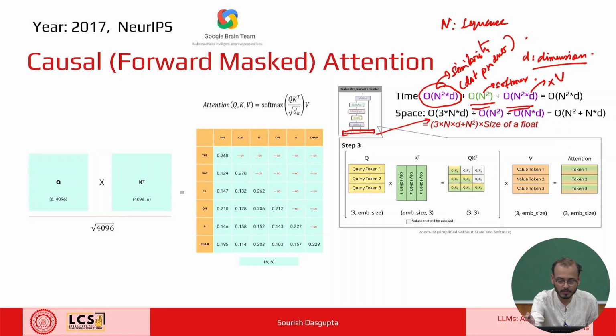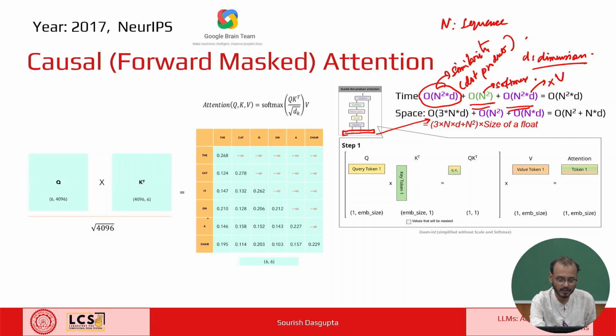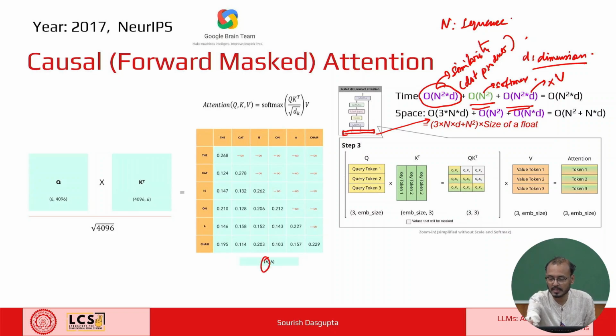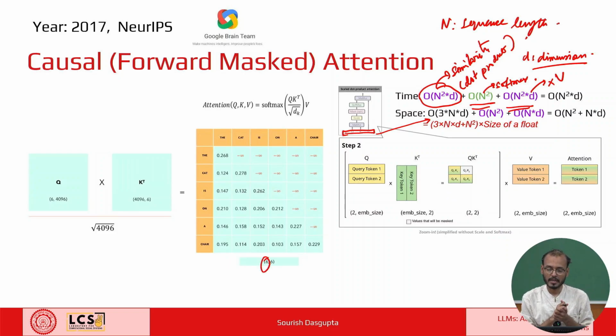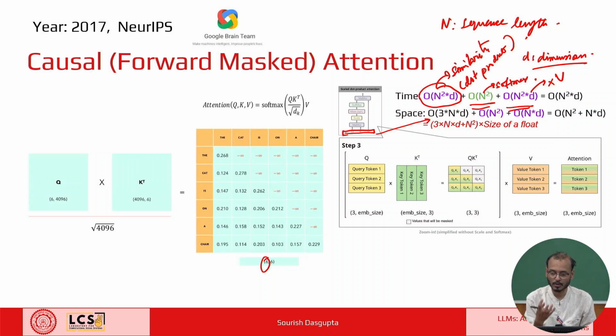So in this example, what would be the sequence length? 1, 2, 3, 4, 5, 6. So 6 is the sequence length, right? So n is the sequence length. So 3 times n multiplied by d. So that's to store q and k and v, and then you have n squared.